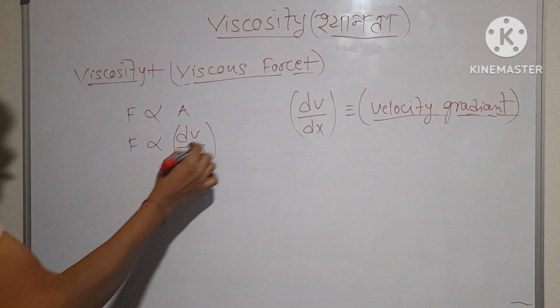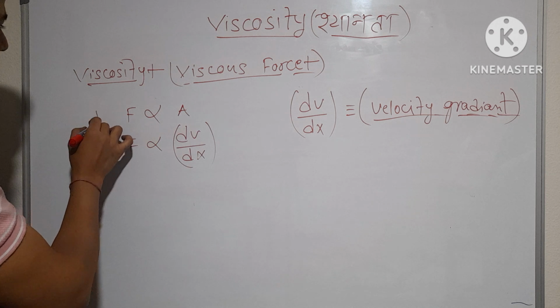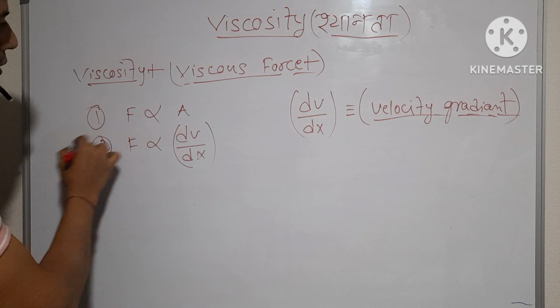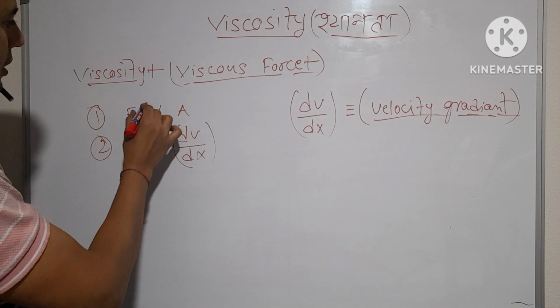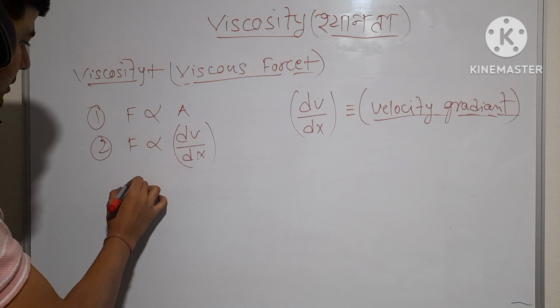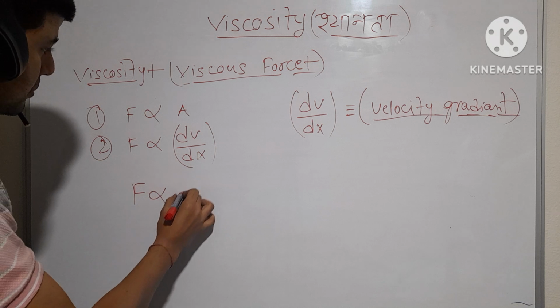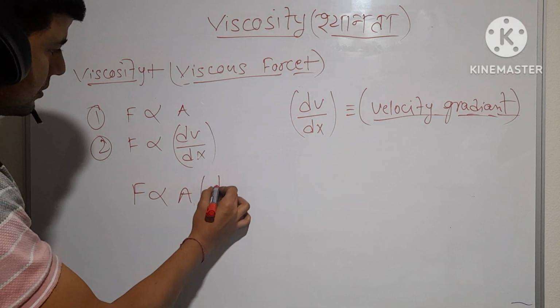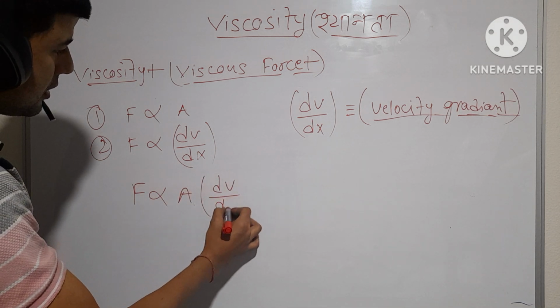Now suppose force is proportional to area, so overall force is directly proportional to A and also the velocity gradient.